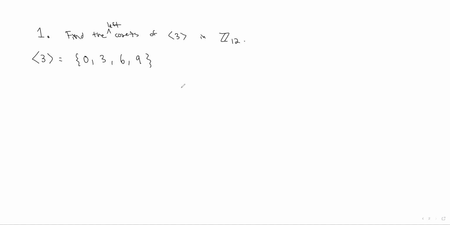Now, how do you get cosets? You just apply an element of the group on the left. So for 0, you apply 0 on the left: 0 plus 0, 0 plus 3, 0 plus 6, 0 plus 9, which is just the same subgroup again.